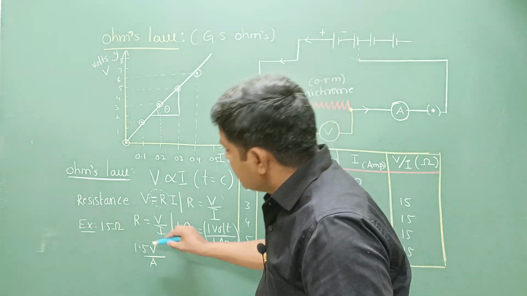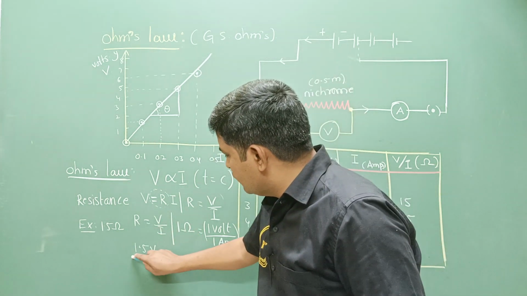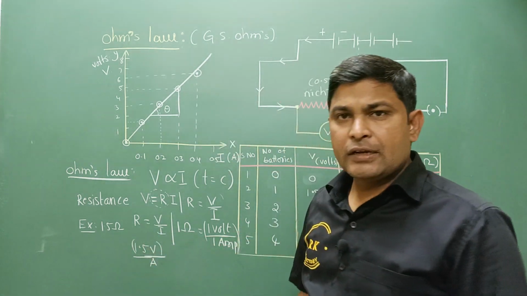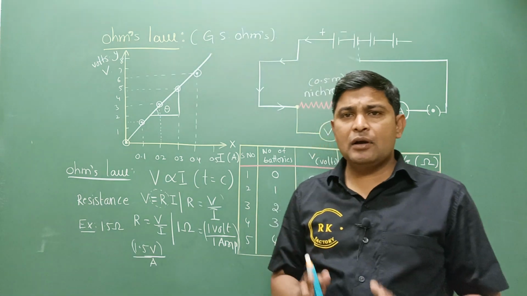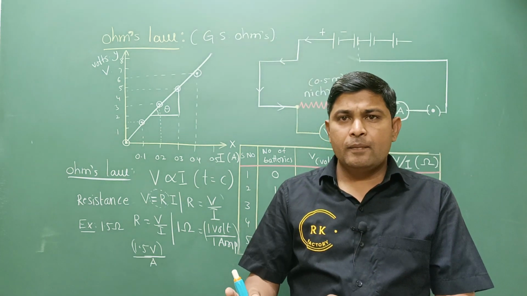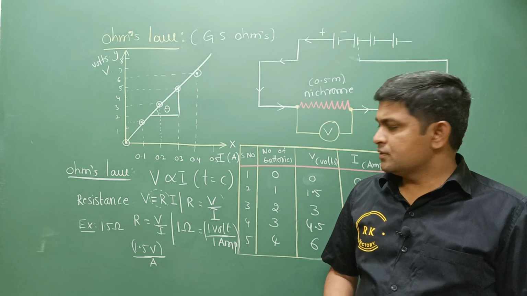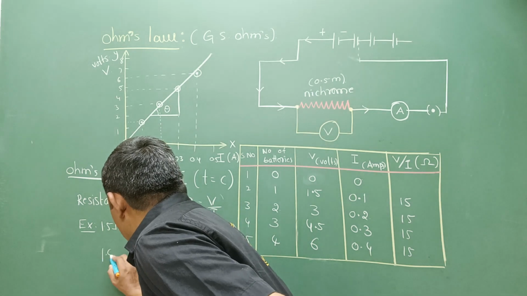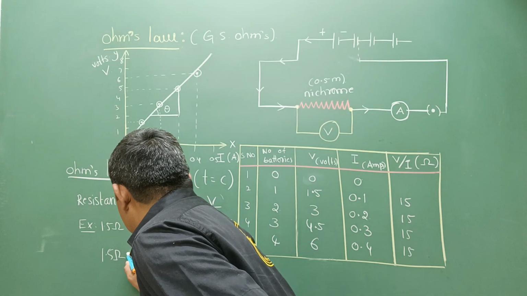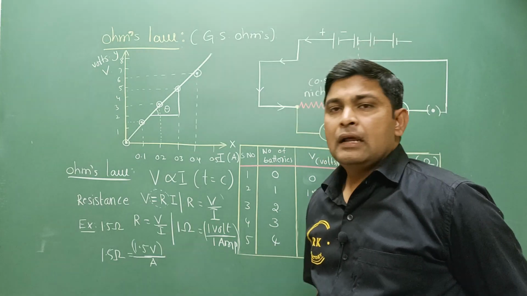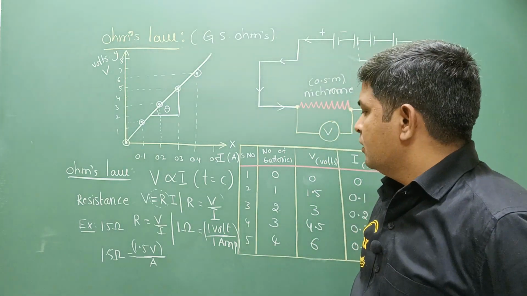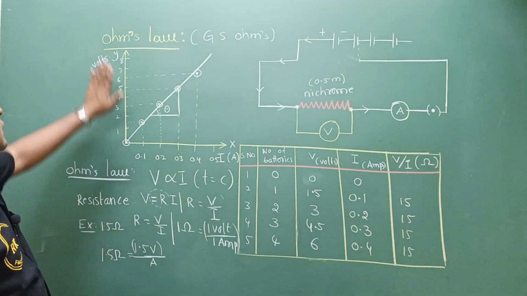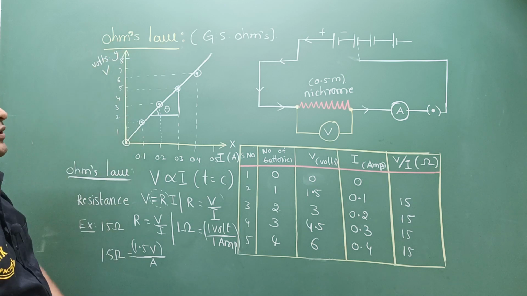So how much potential difference is needed to flow 1 ampere current? How much potential difference is offered in that circuit? That can give us the idea about how much resistance is there in that circuit. So if 1.5 ohm is there, that means 1.5 volt per ampere.